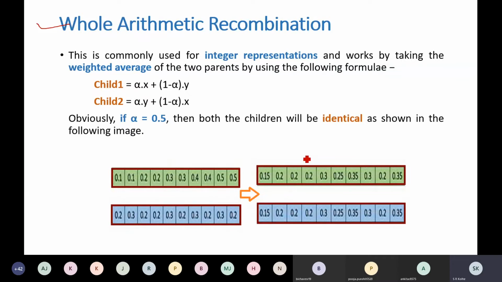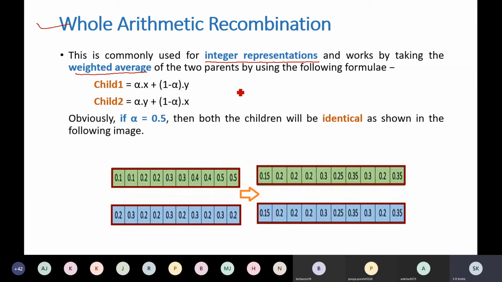In this technique, remember that it has to be used for integer representations only, because you are going to use those numbers, and it works by taking a weighted average of two parents.